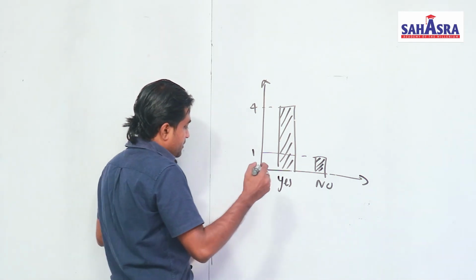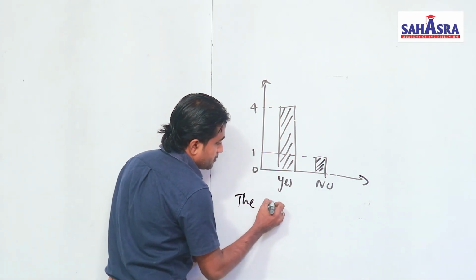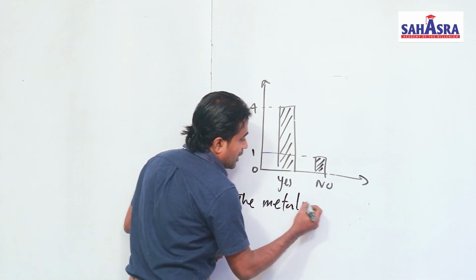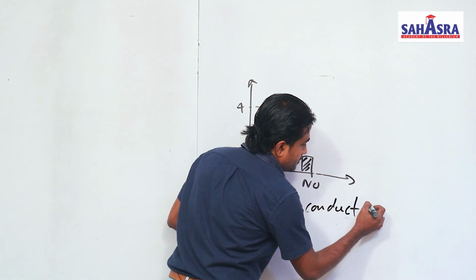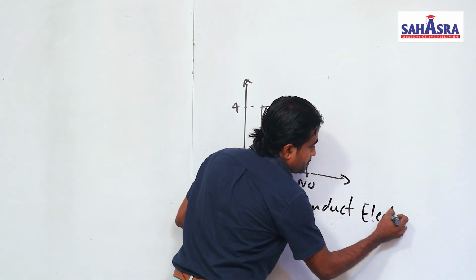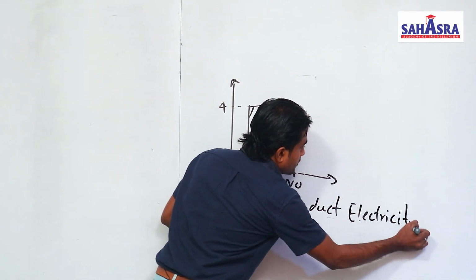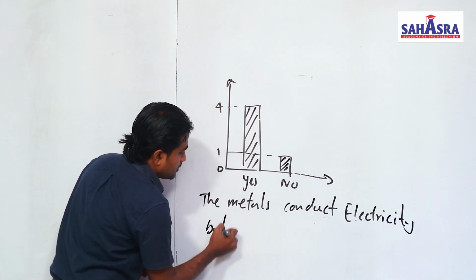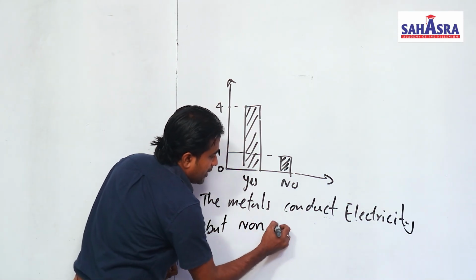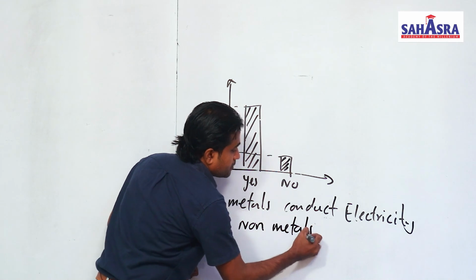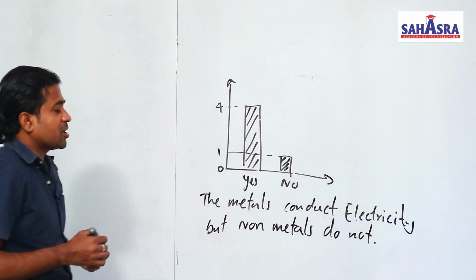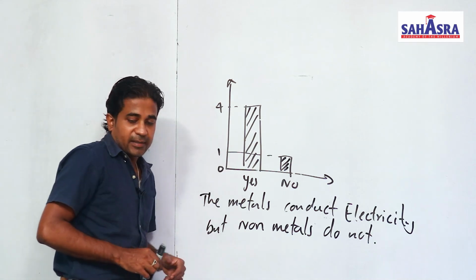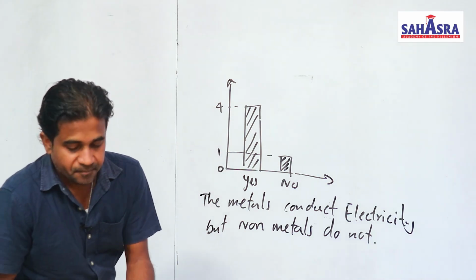The metals conduct electricity, but non-metals do not. So that is the extra information given by this chart.